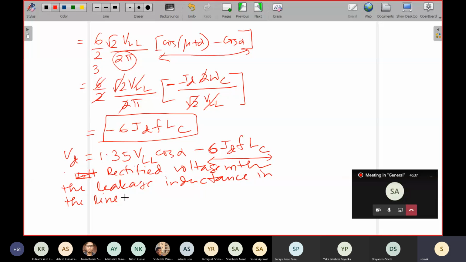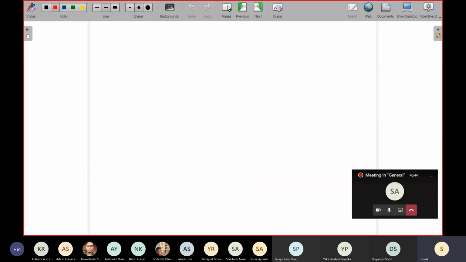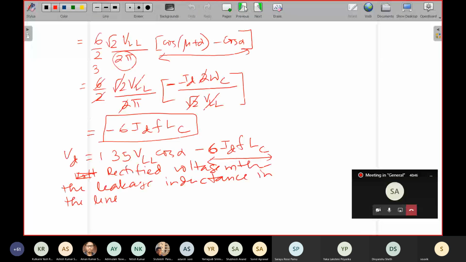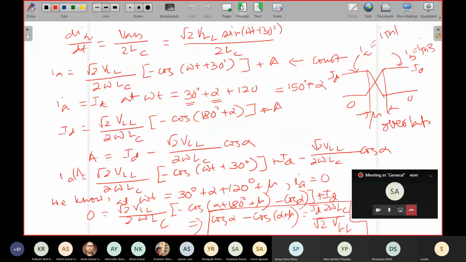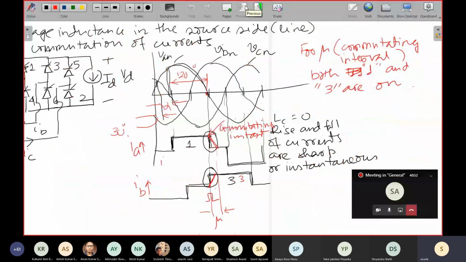So this is what we understand, and therefore if we go back to our first rectified waveform, let's try to go back there. Yes. So we had seen the rectified voltage would have been this kind of thing.